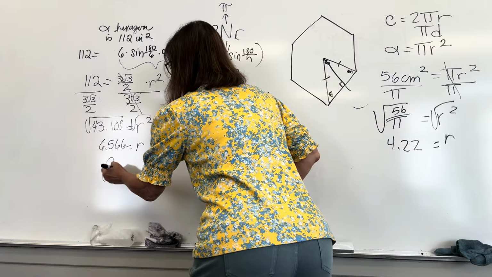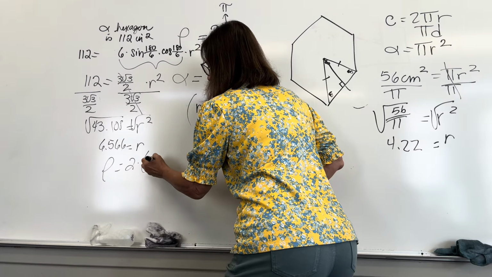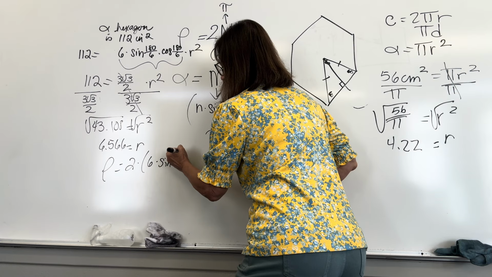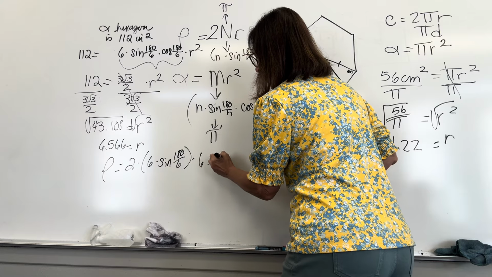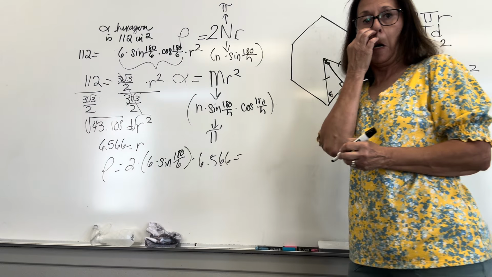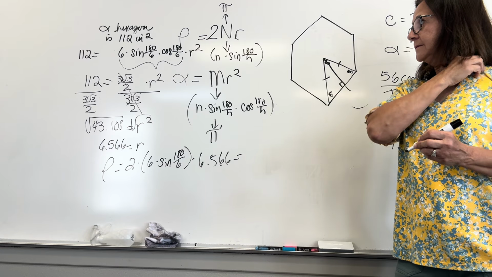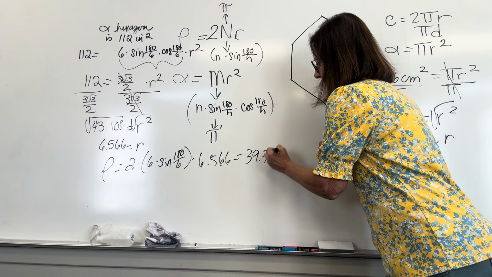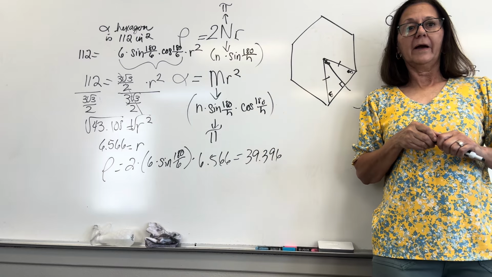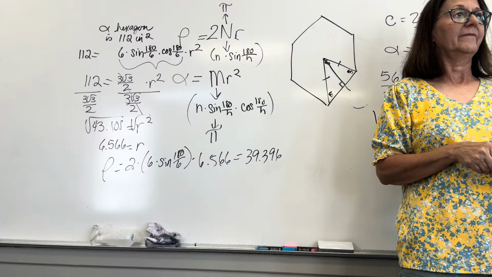So perimeter is going to be 2, and here's my n, 6 times the sine of 180 over 6 times my radius, 6.566. What's the perimeter? 39.396. Somebody else confirm? Is that right?